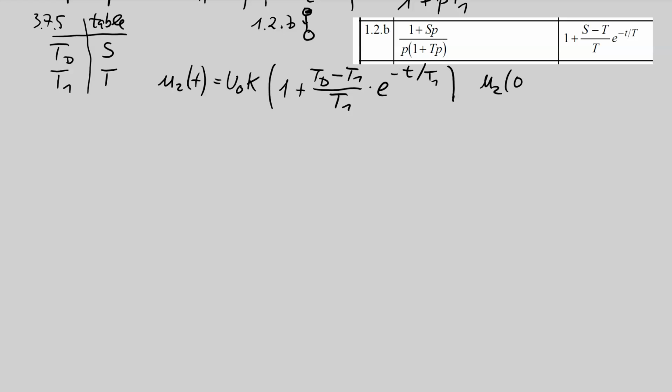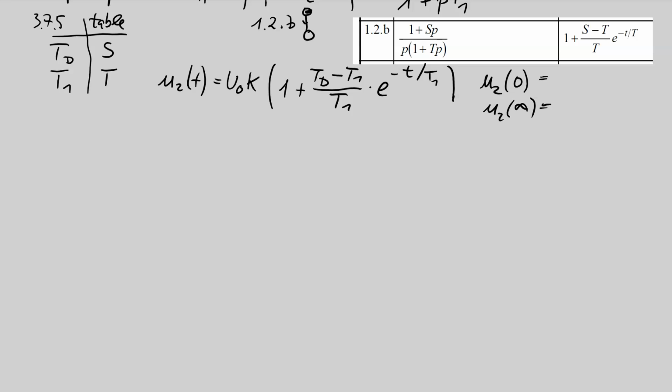First we try to discuss this curve a little bit. U2 of 0, the starting value, and U2 of infinity, the final value, are helpful to draw the function. If t is 0, this becomes a 1, and then we have to add the 1 plus this term and multiply with this element.